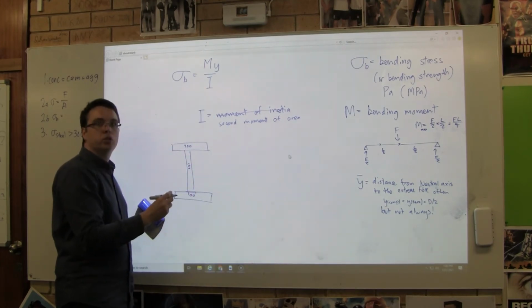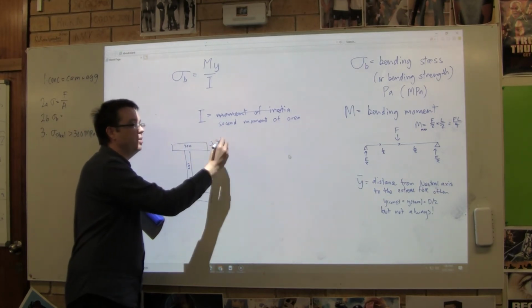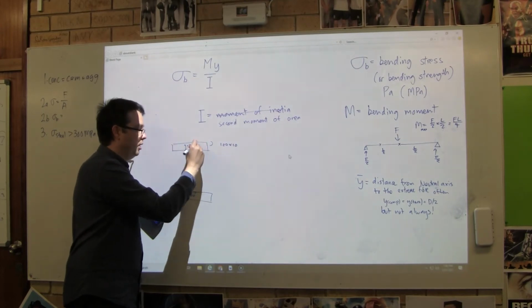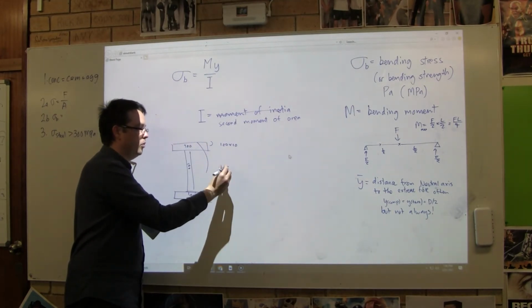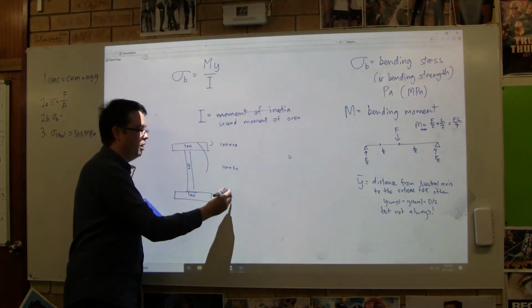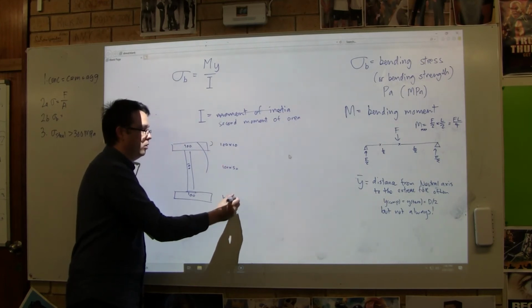And then what I want you to do is take the moment of area, so it's going to be 50 times 10, say. So 100 times 10. And this one here is going to be 100 times 50. And this one's going to be 100 times, I don't know, we'll call it 130.